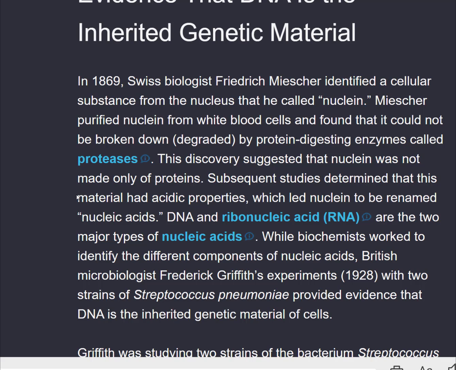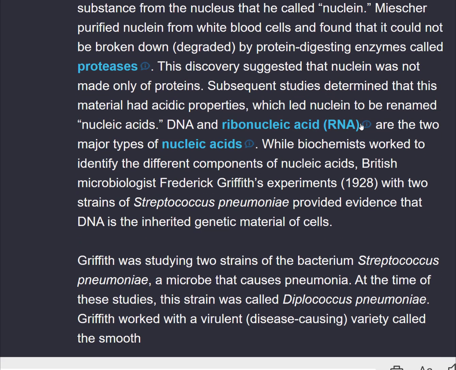Okay, next up, from section 2.2, the molecule of life, we have proteases, protein digesting enzymes. Next, ribonucleic acid, RNA, single strands of nucleotides produced from DNA.